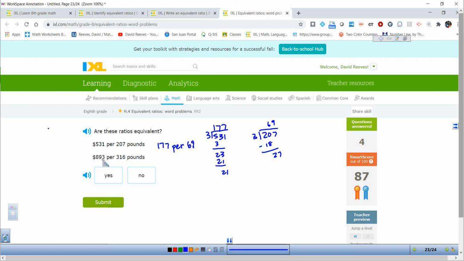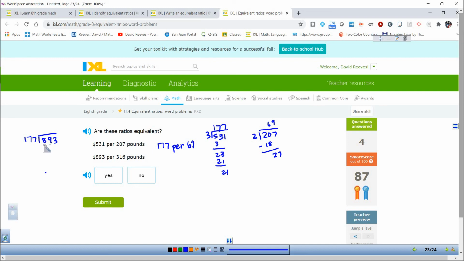And if 3 doesn't go in and 2 doesn't go in, I'm wondering, maybe does 7 go in? Is there a way to do this? All right, so let's go ahead and try. Let's try and see if 177 goes into 893 evenly.